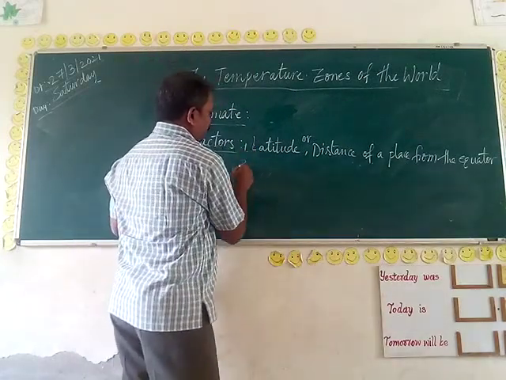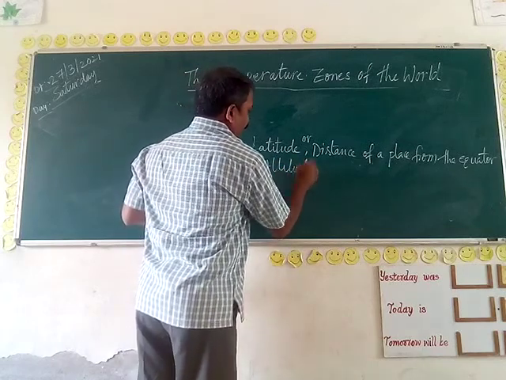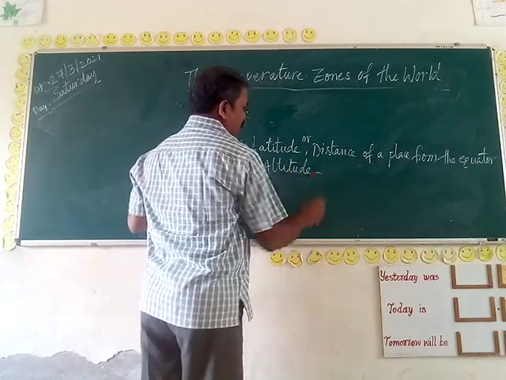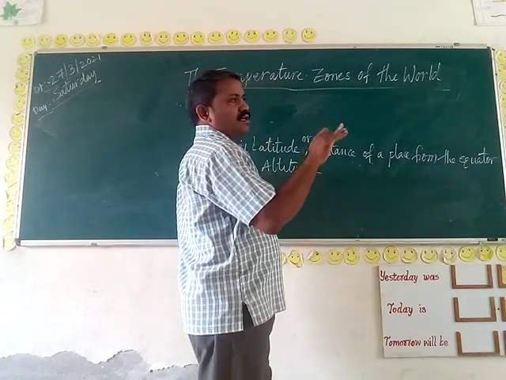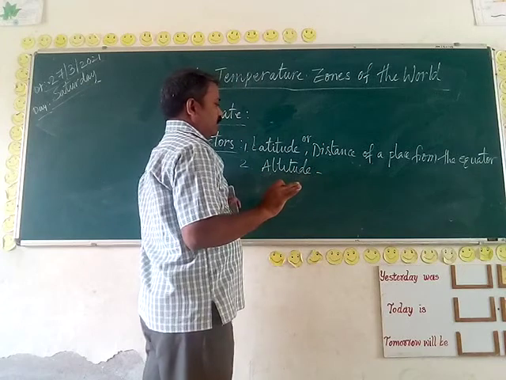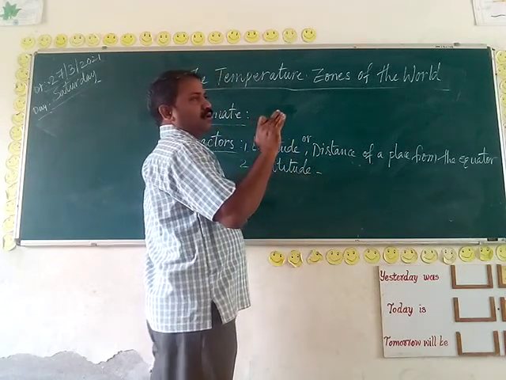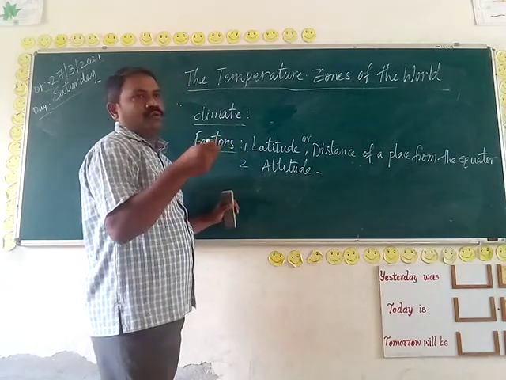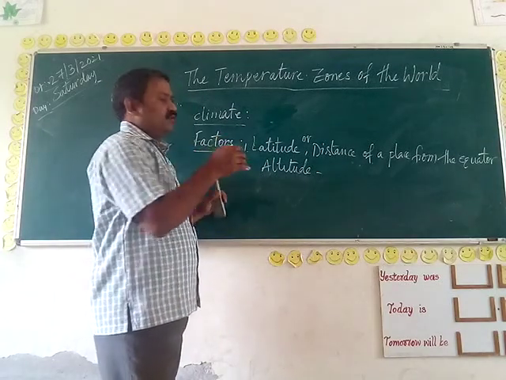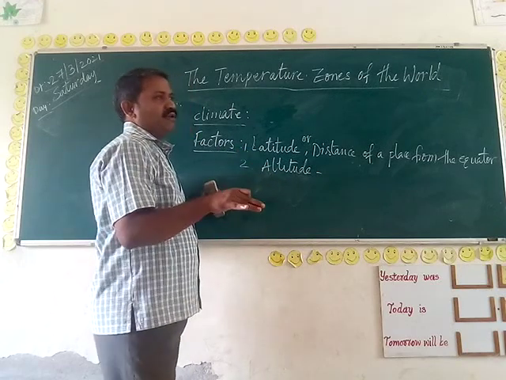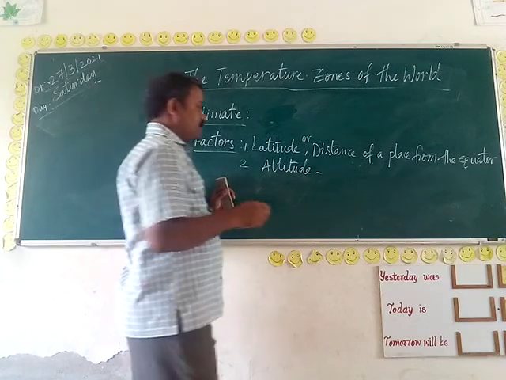Second one is altitude. Altitude means the height of the place above the sea level. If the height is more, then that place will have cold temperature, cold climate, and near the sea level they will have warm climate.